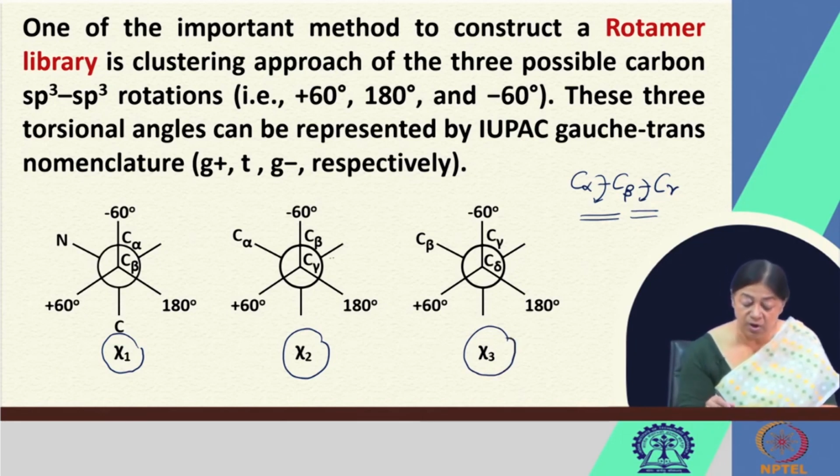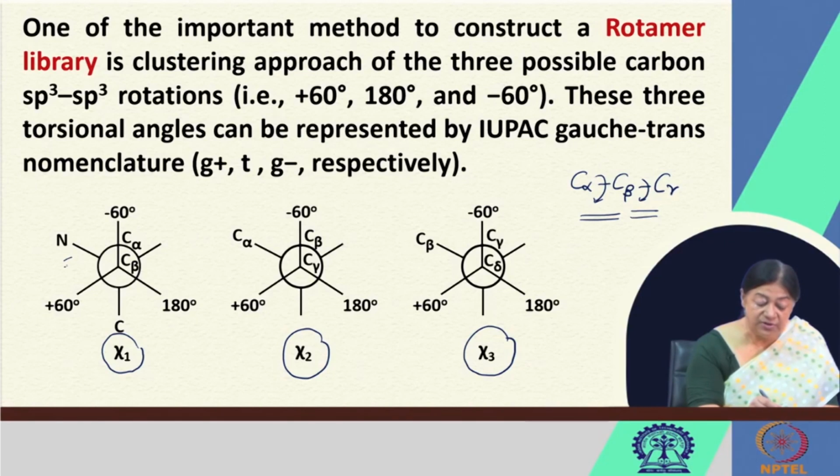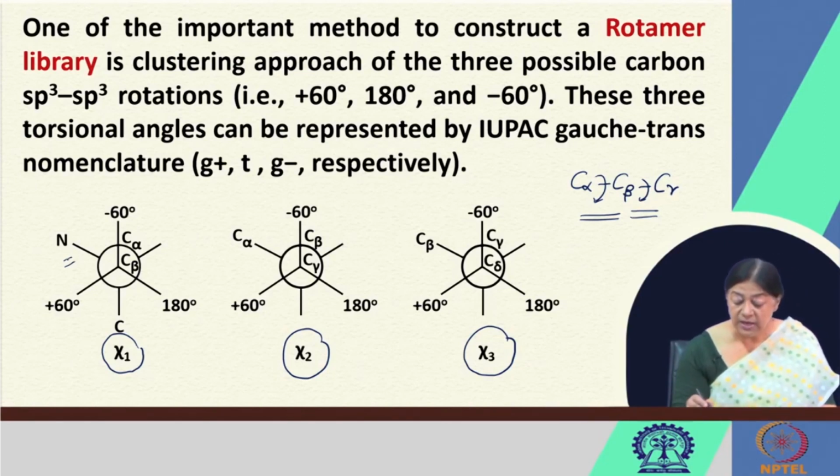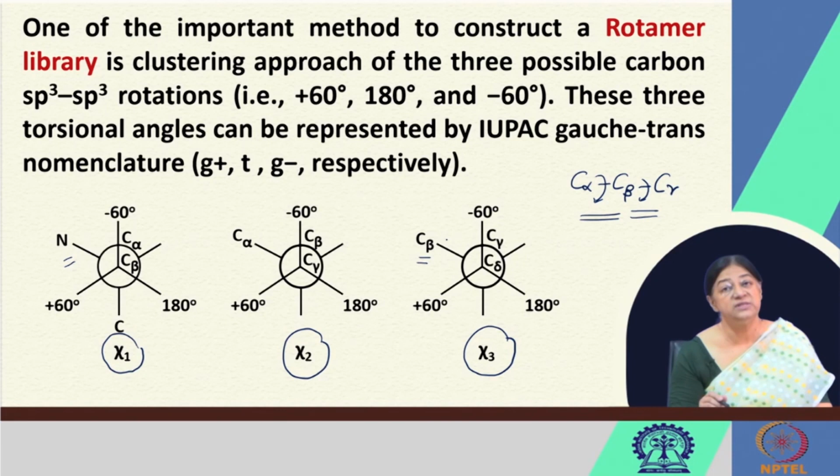So, this is our C alpha and then we have the C beta, C gamma. This is where we have the nitrogen that is part of the backbone of the amino acid residue. Now, when we look at these specific rotations, we see the C beta here that is in turn connected to the C alpha.